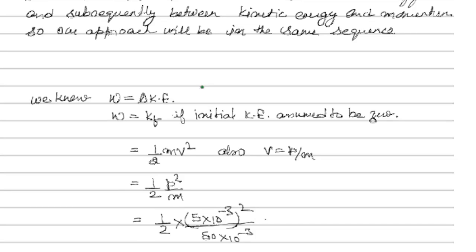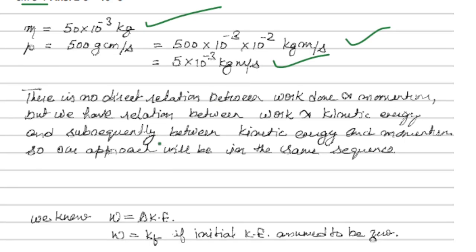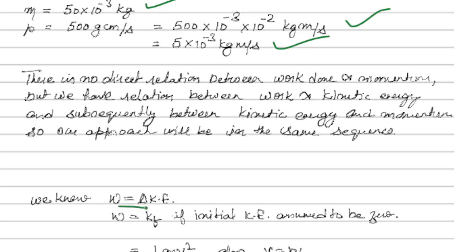Now, they're asking how much work is done. We don't have any direct relation with work done, but we have the momentum and kinetic energy relation. So work done is the change in kinetic energy.